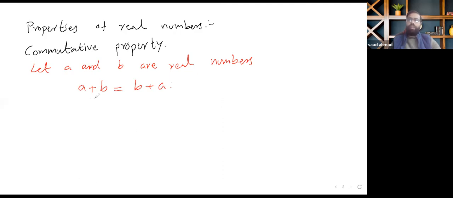Commutative means you can add A to B from the left side, or you can add A to B from the right side, and you will get the same answer every time. Let's say 5 plus 4 is the same as 4 plus 5. That's 9, and that's also 9. So these numbers are commutative.